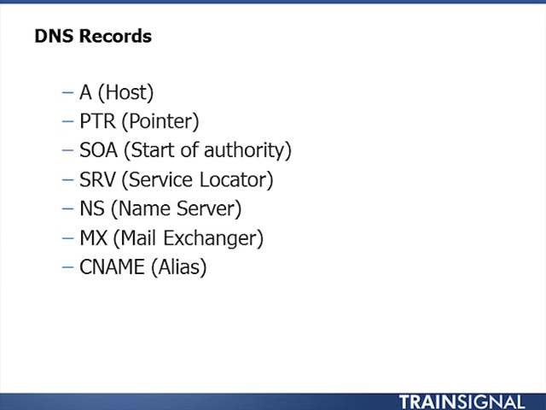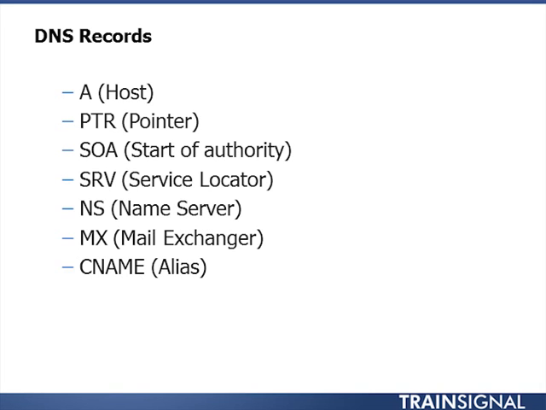Those are your forward lookup records where you just say, here's the name, if anyone's looking for it, this is the IP address. And then we also have another type of record, which is the PTR record, or pointer record, and that's the reverse lookup record. That's the type of record that, if somebody comes in with an IP address and needs the name, it can be done that way. But we have a whole slew of other types of records.